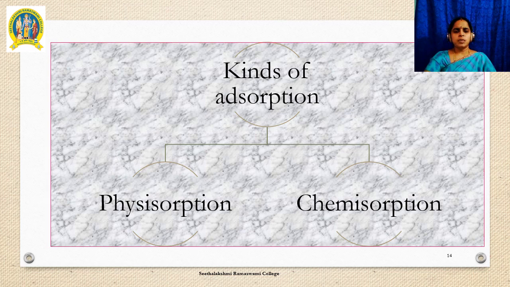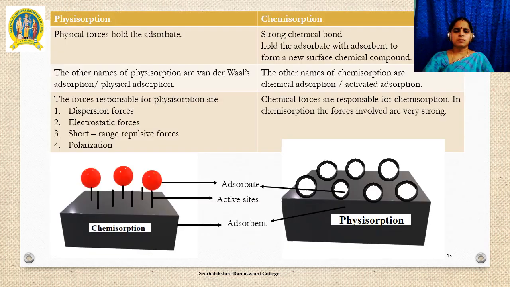Adsorption process can be classified into two types. They are physisorption and chemisorption. Physical forces that hold the adsorbate and adsorbent. This is called physisorption. Chemical bond that holds the adsorbate and adsorbent.